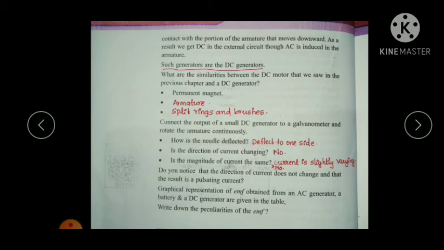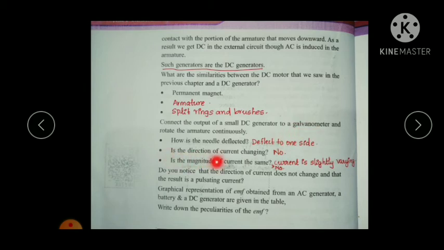So we have to connect the output of a DC generator to a galvanometer and rotate the armature continuously. How is the needle deflected? While connecting this galvanometer, we can see the needle deflects to only one side, because the current is direct current. That is why this galvanometer deflects only in one direction.